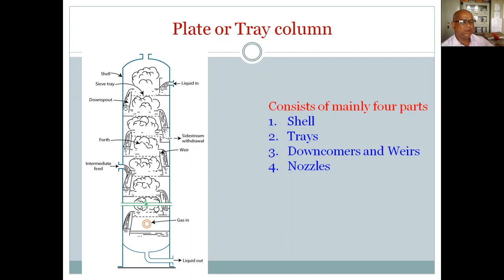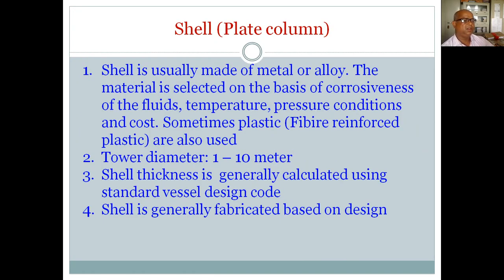Now let's go one by one. Shell. The shell is usually made of metal or alloy. The metal is selected on the basis of corrosiveness of the fluids, temperature, pressure conditions, and the cost. Sometimes plastics are also used nowadays.